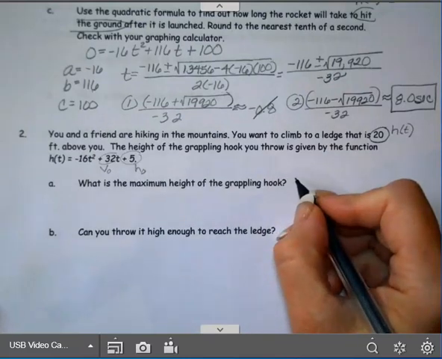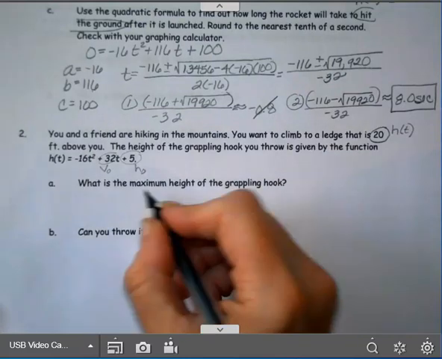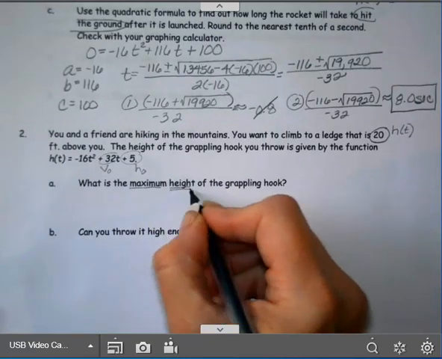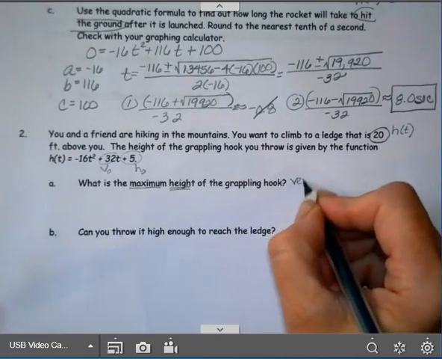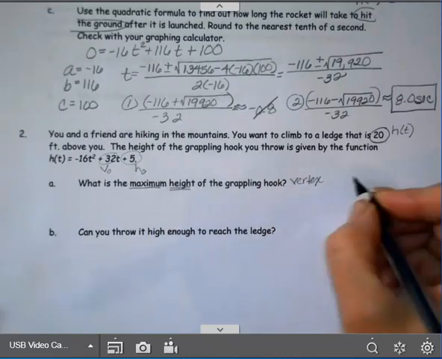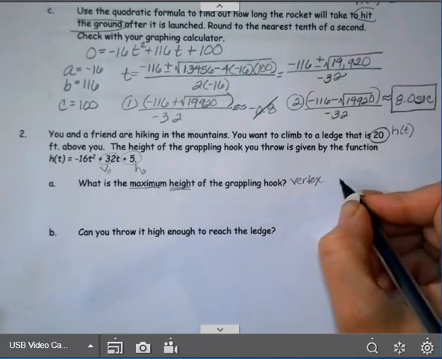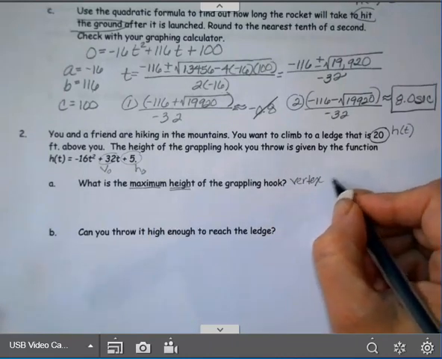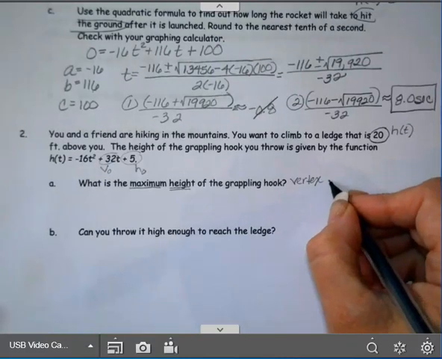So let's look at this. I'm asking for maximum, and this is height. Maximum, remember, is vertex. And height is going to be the y-coordinate. Time would be the x-coordinate. So I want the vertex y-coordinate.